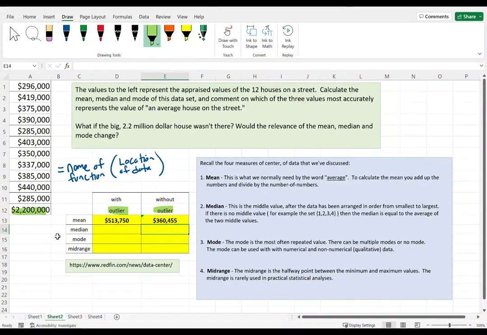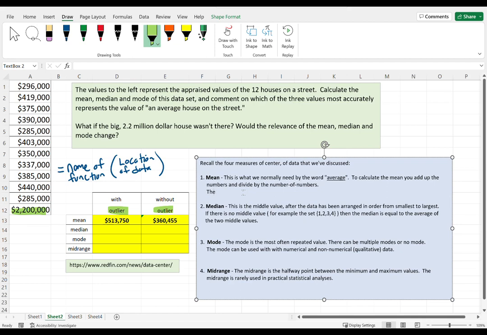Now the answer is probably yes. There's one house that's $2.2 million, but the other 11 are well within our price range, even though the average price of the 12 is over $500,000. That $360,000 is much more representative of the majority of this set.